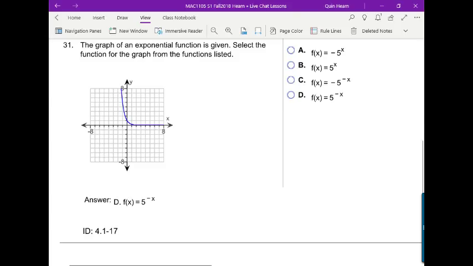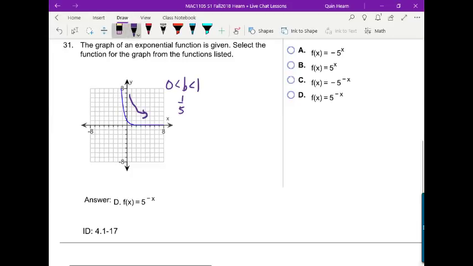Notice that this is a decreasing function, which we would normally think we would have a base between 0 and 1, like 1/5, for example. But 1/5 is not an option for the base here, or 1/3 or 1/4 or any fraction less than 1.